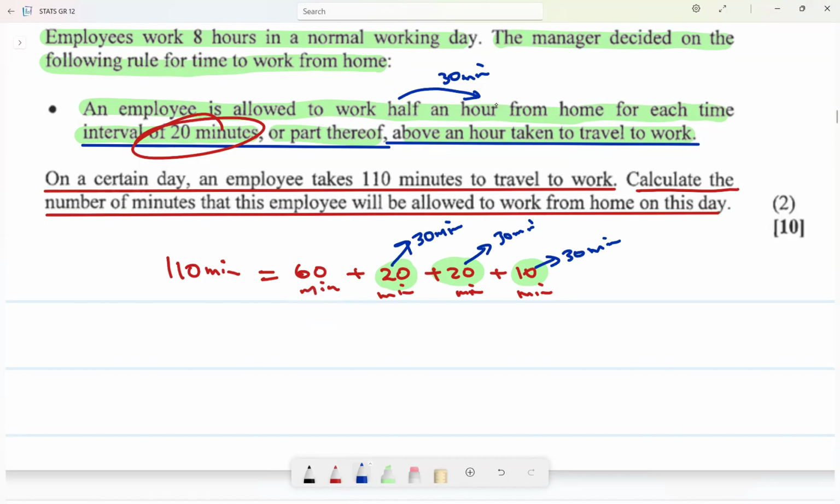So now the answer is, how many intervals do we have where you get the time? It's going to be 3 multiplied by the time granted for each time slot, which is 30. So the time allowed to work at home will be 90 minutes, or 1.5 hours.